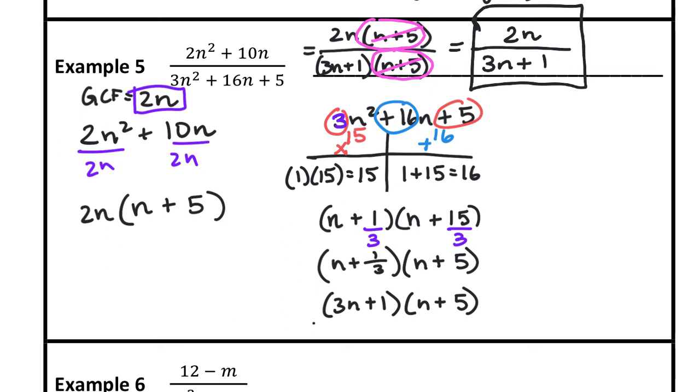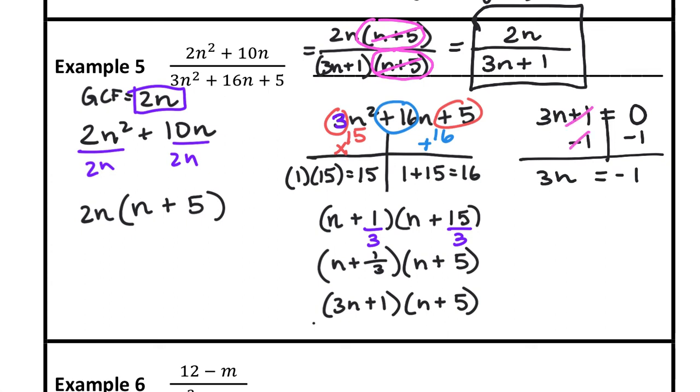But remember, what do we do with the bottom? We copy the bottom, set it equal to 0, and solve for n. So we subtract 1, 3n equals negative 1, because these are canceling here.